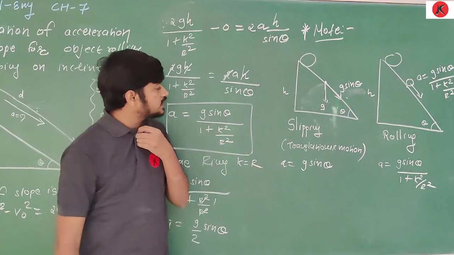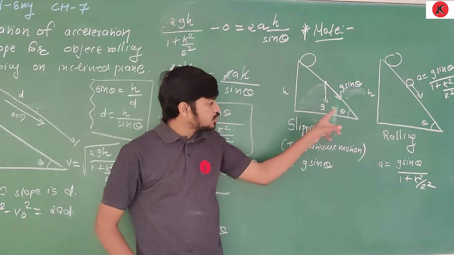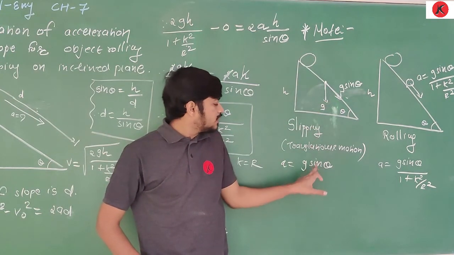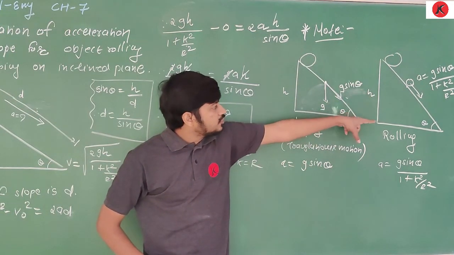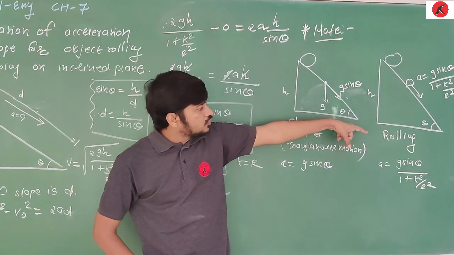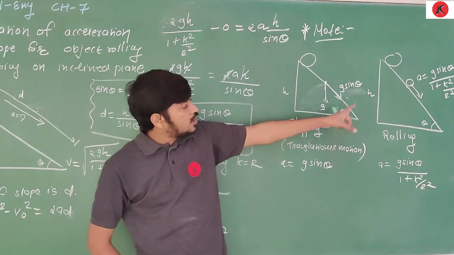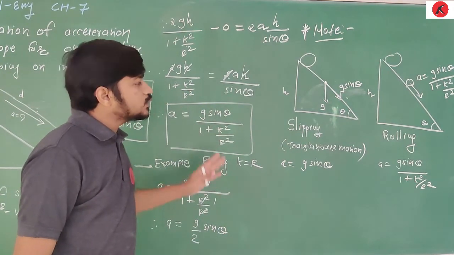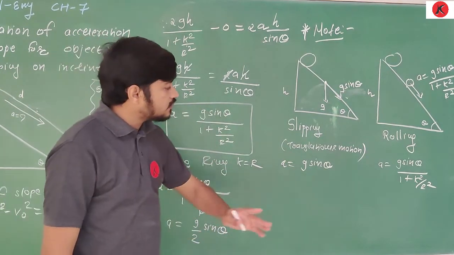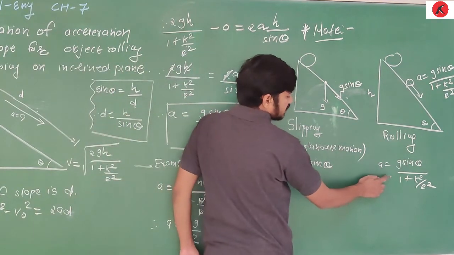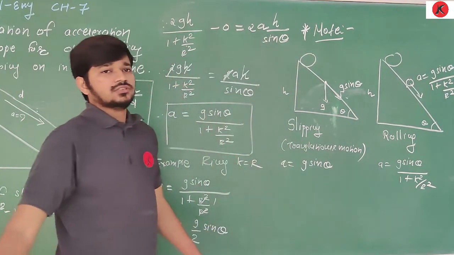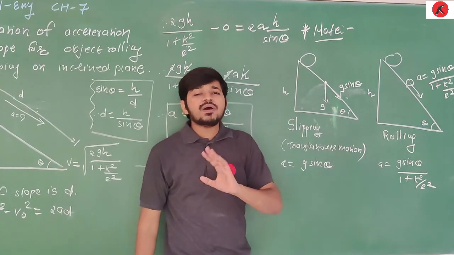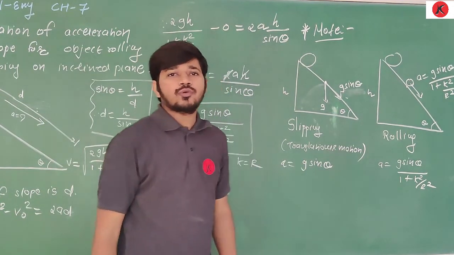In slipping, meaning translational motion, the acceleration parallel to slope is g sin theta, while in rolling it is g sin theta upon 1 plus k square upon r square. It is very clear from the figure and equation that the rolling acceleration is smaller, because here it is only g sin theta and here it is g sin theta divided by 1 plus k square upon r square.